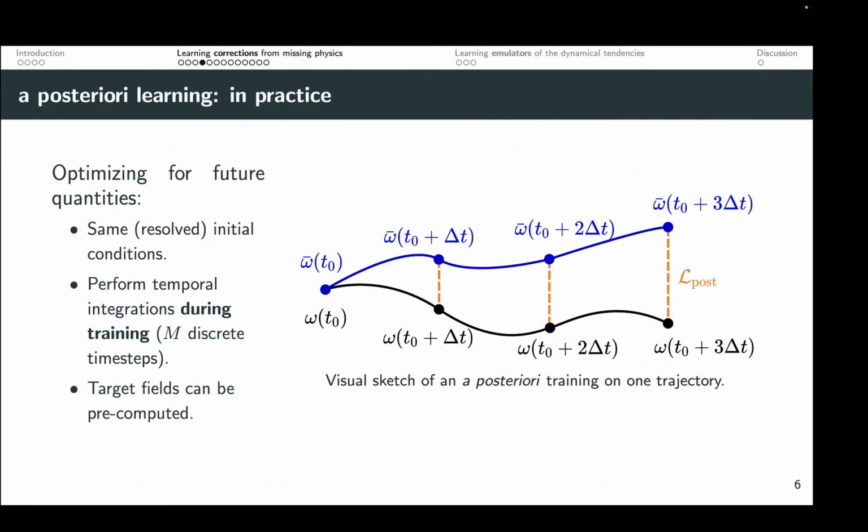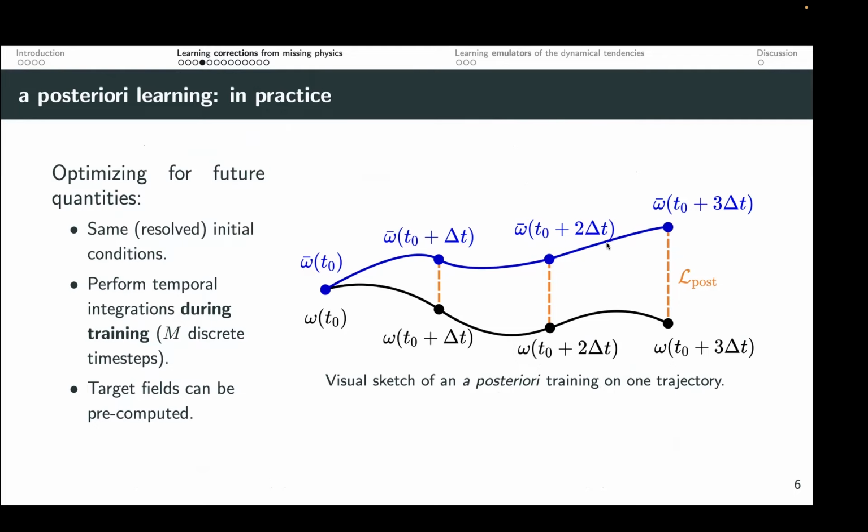So the idea is that instead of just trying to learn a correction, we start from a reference state, omega at t0. And we have the filtered one in blue. And if we integrate in time those two models, they start to diverge.